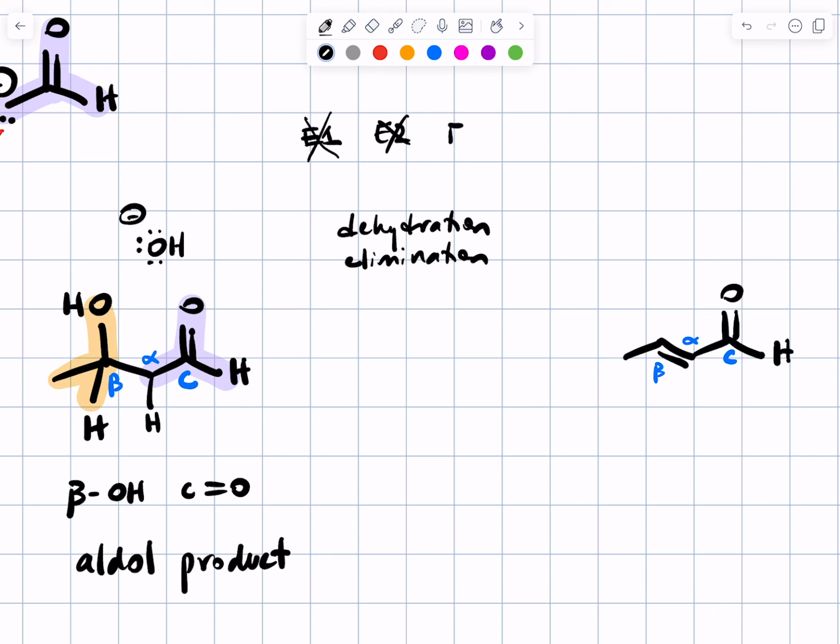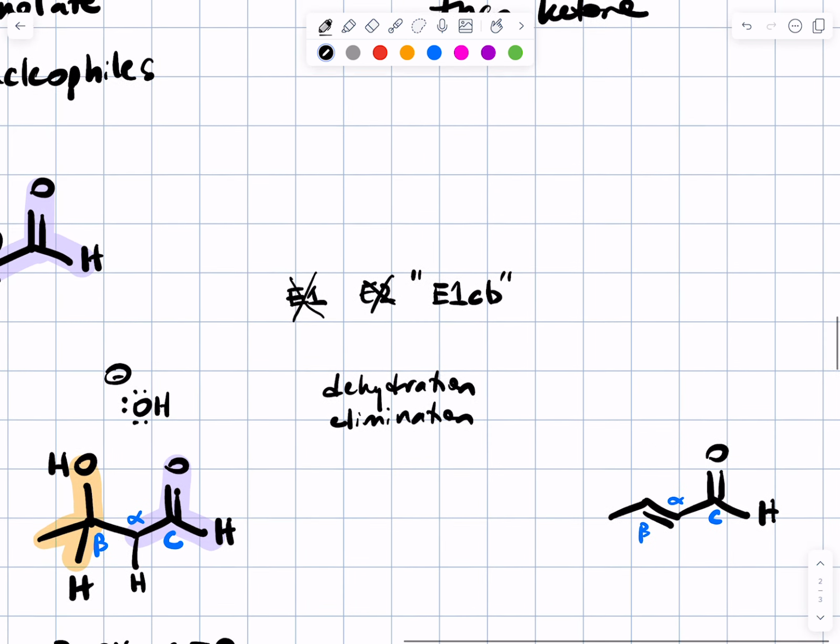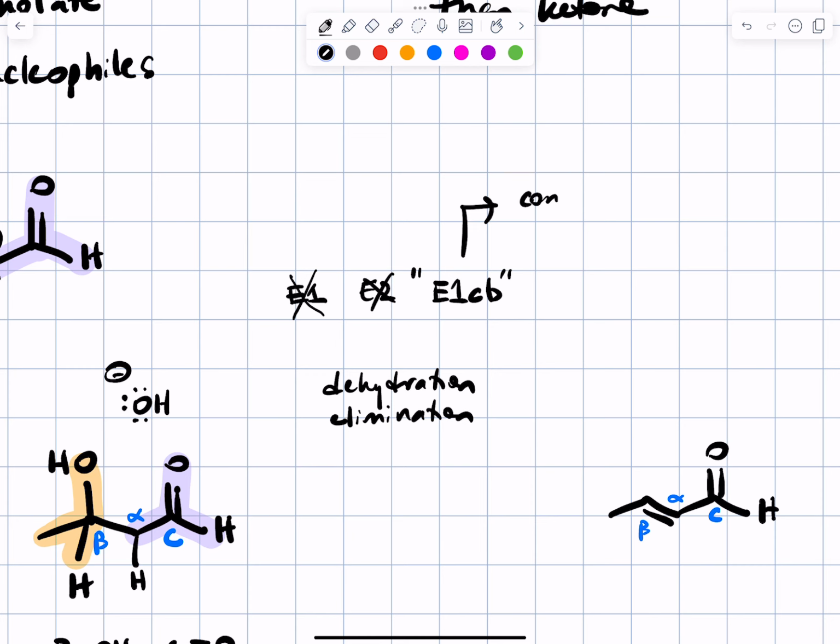There's another possibility that you didn't learn about in 351. It's called E1CB. This stands for the conjugate base version of E1. E1 versus E2, remember, it's probably in ancient history now. You're going to have to dig it out of your brain. But if you recall, the 1 and the 2 refer to how many molecules of things are involved in the rate determining step.